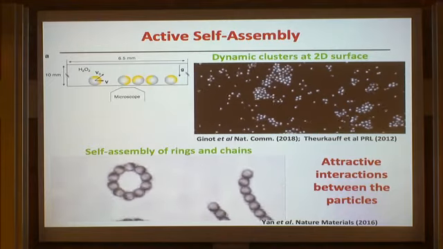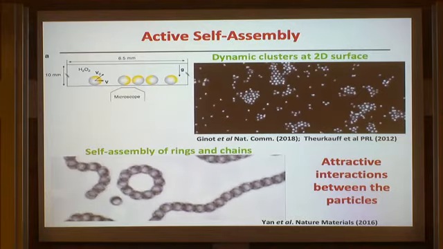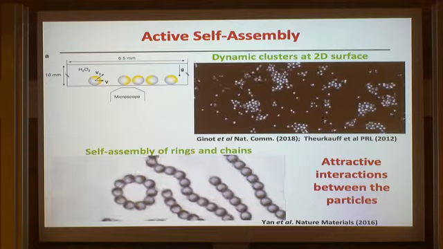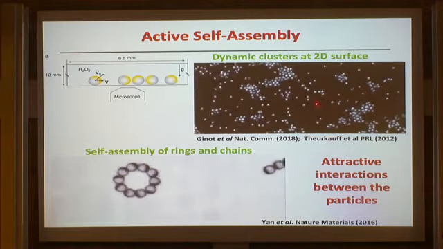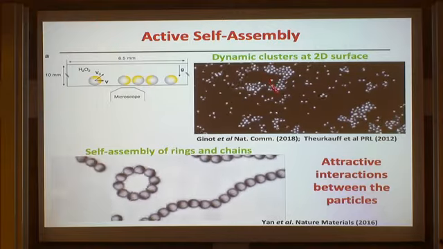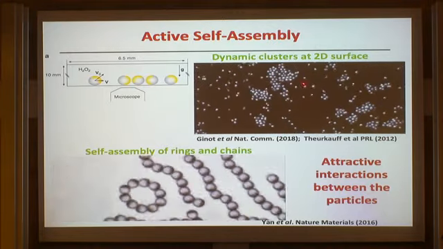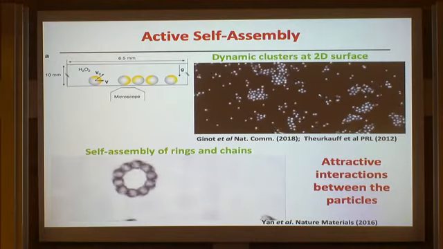And here's another example of a two-dimensional self-assembly on a surface. Now you have these Janus particles in a chemical field, and they sediment to the bottom, and you just look at them with the microscope, and you can see dynamic clustering happening. You don't get a full phase separation, but the clusters can form and break, rotate, and move around.